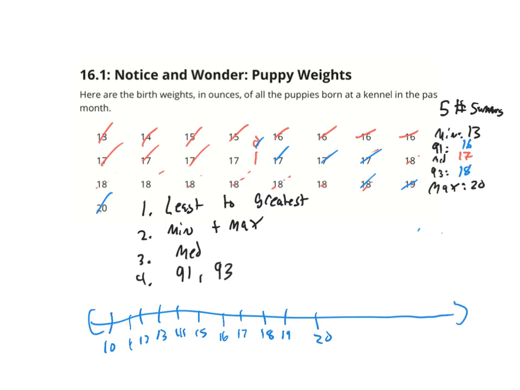We're going to plot points on our minimum, our maximum, our median, which is 17, quartile 1, and quartile 3. We draw a box around the two quartiles, put a line through our median, and extend to our minimum and our maximum. And that's how you create a box and whisker plot according to your 5-number summary.